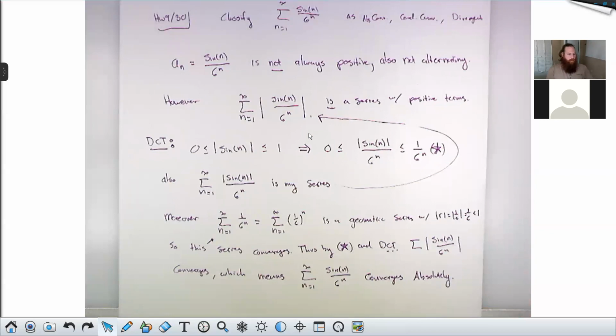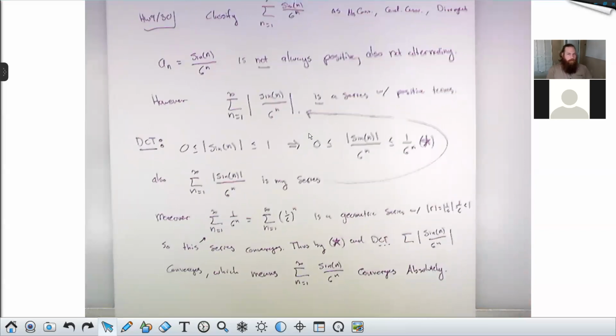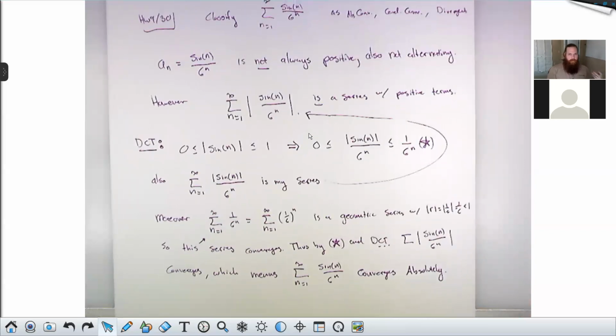So a limit comparison here would be hard. If you choose the b_n's so that the limit is easy to calculate, then the series sigma b_n would have a sine n in it, which means it would be hard to work with on its own. And if you choose the b_n so that the series sigma b_n is easy to work with, then the limit in the limit comparison test would be hard to work with. So I'm not aware of a way to make this work with limit comparison test.